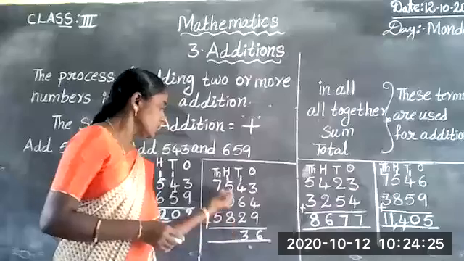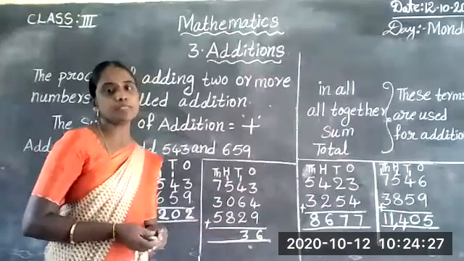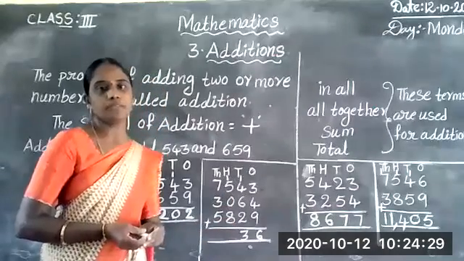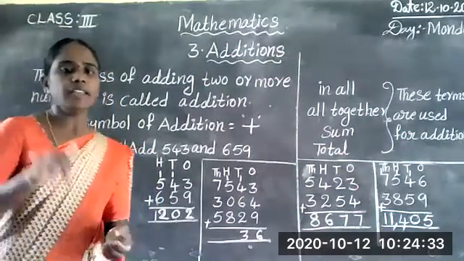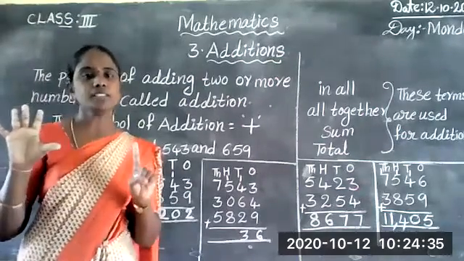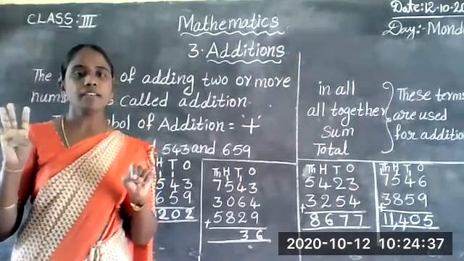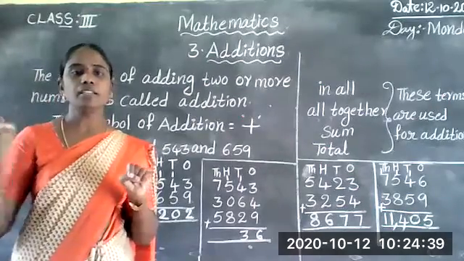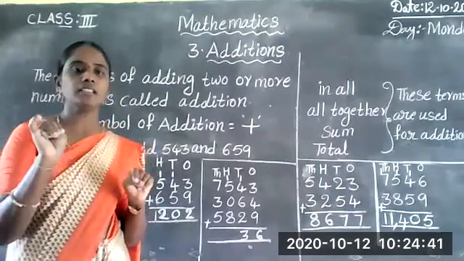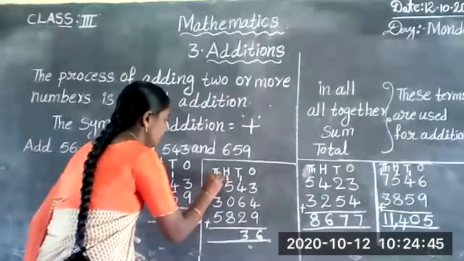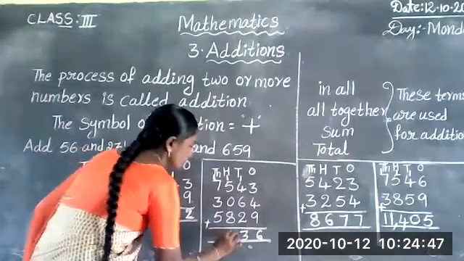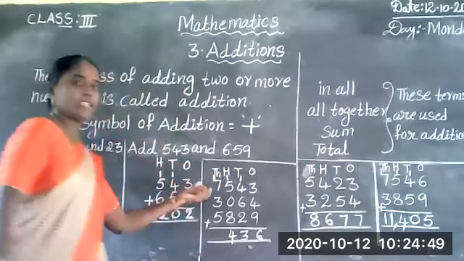Next, 6 plus 8 is 14. Count 8 after 6: 9, 10, 11, 12, 13, 14. 1 carrying, and write 4 here.